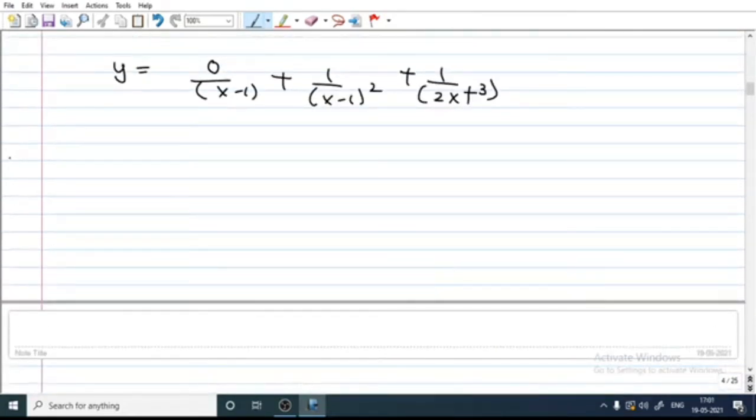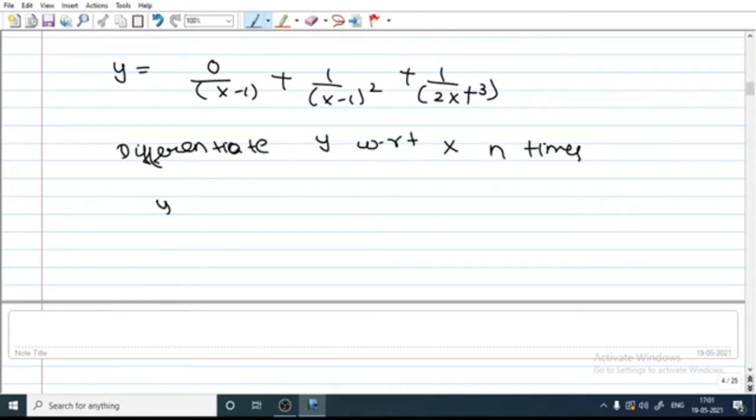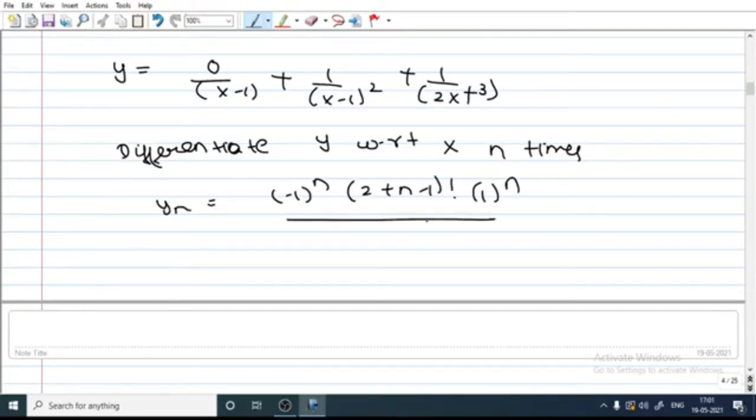After this we are going to simply differentiate y with respect to x, n times. If I do that, we get yn equals minus 1 power n, 2 plus n minus 1 factorial into 1 power n, the whole upon 2 minus 1 factorial into x minus 1 the whole square, 2 plus n.